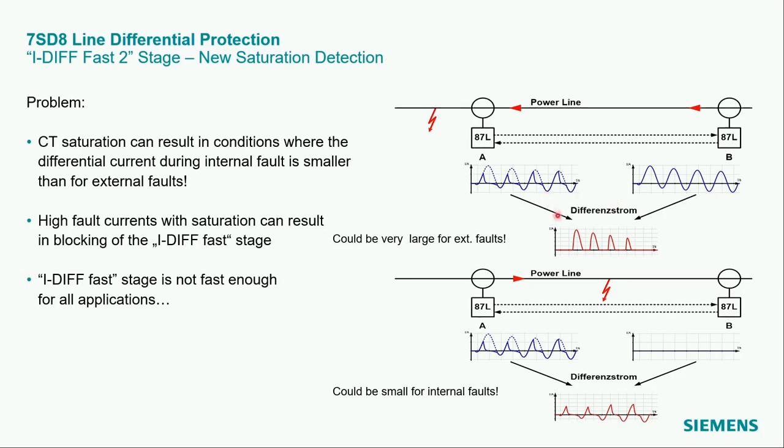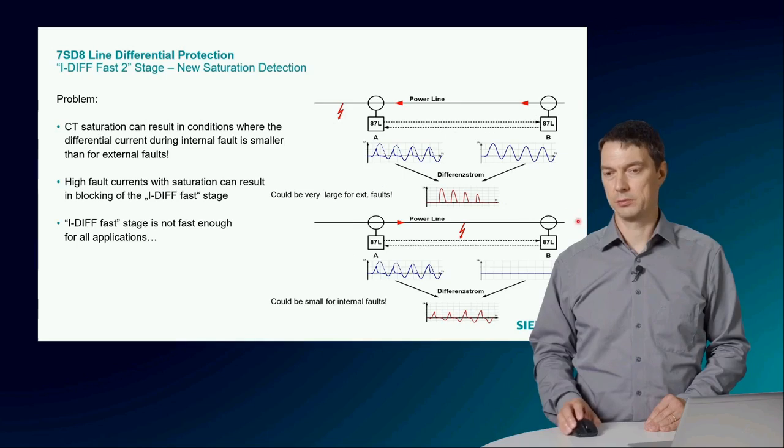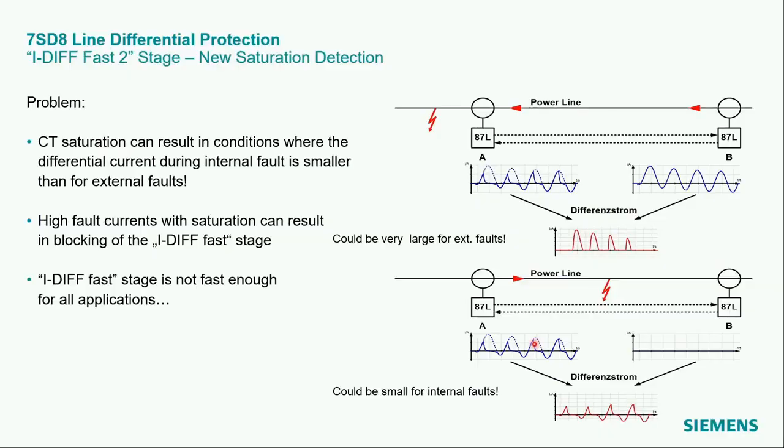So this gives you a very high differential current, which could be significant. For the internal fault condition, you can consider that the fault is fed only from the side where we have the relay A and no network at relay B. So we see that the fault current at the relay A is heavily saturated, which gives you, compared with the relay at B, a very small differential current.